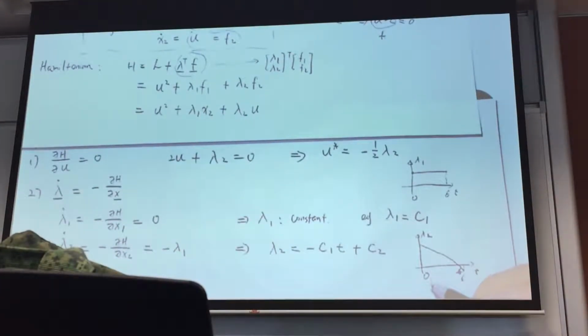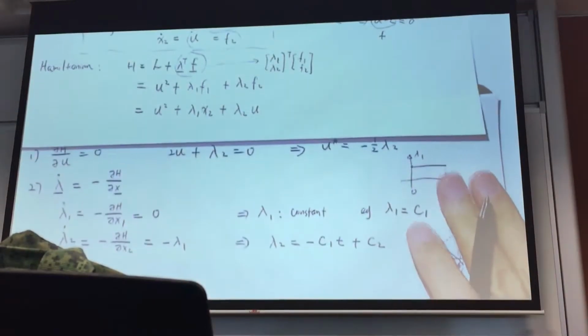Or it can be another form, increasing like this. It's either increasing or decreasing, but it will be a straight line. This is from our intuitive observation for lambda 2.